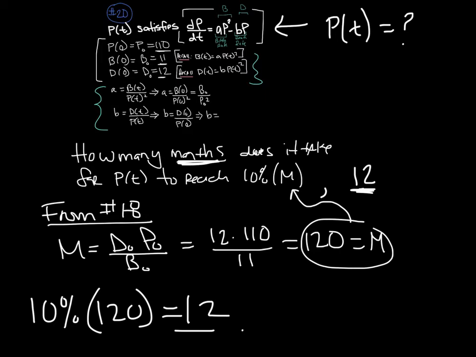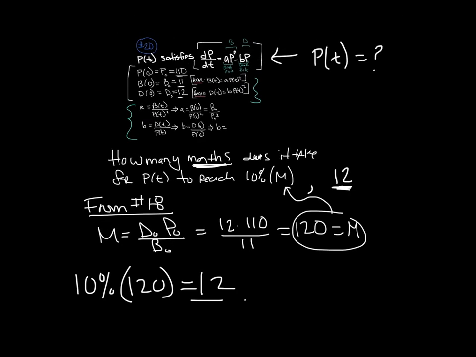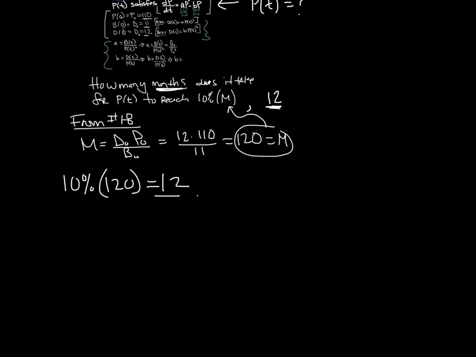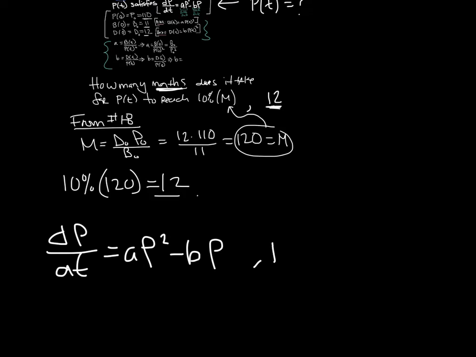Okay, so this is just letting you know this is going to be a tedious problem, but it's a very good problem. So I'm going to write some information again. We have dP/dt, our differential equation, equal to AP squared minus BP.